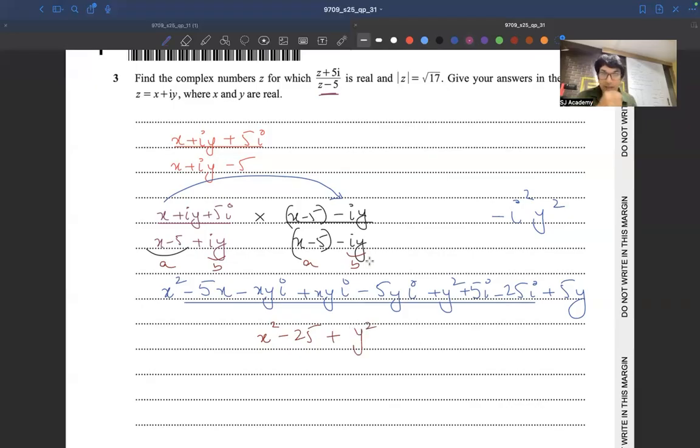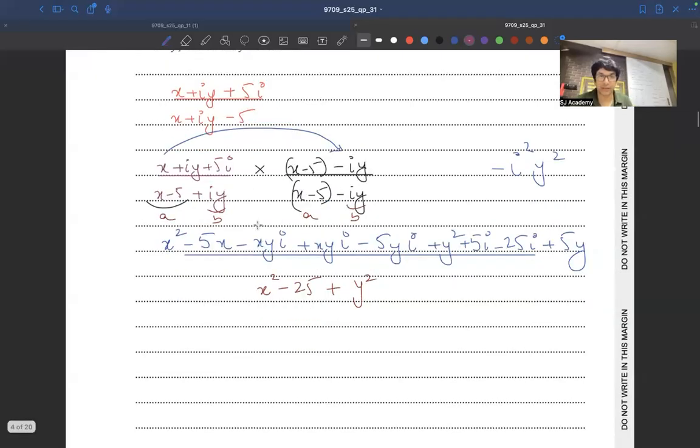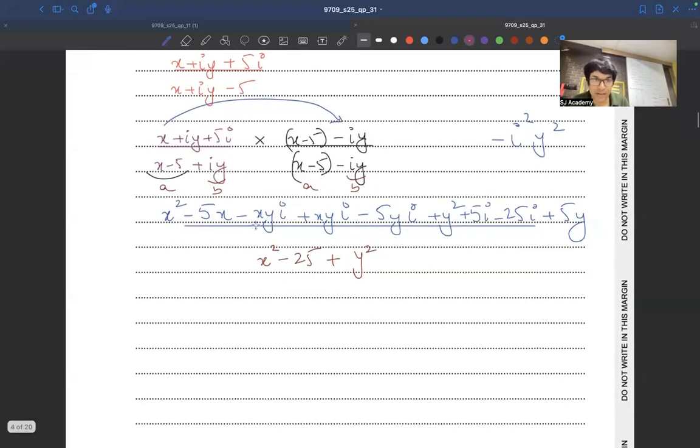Now, as we already know that the imaginary term is 0, let's take the imaginary term separately. So the imaginary terms, −5x and this will cancel out. We'll have −5yi plus 5i minus 25i, and we'll be dividing both the real value and the imaginary value by the denominator.